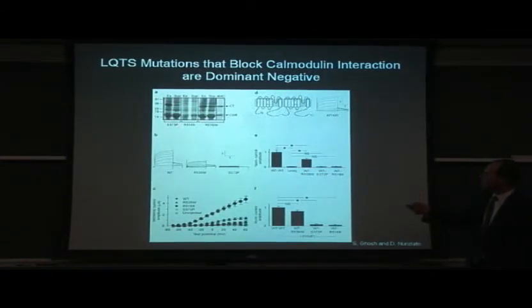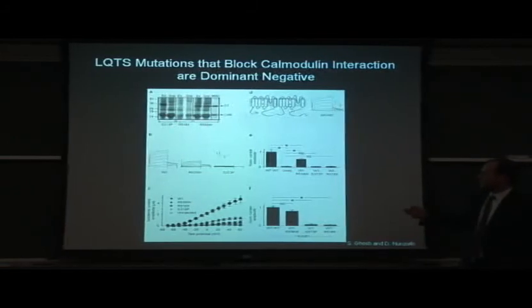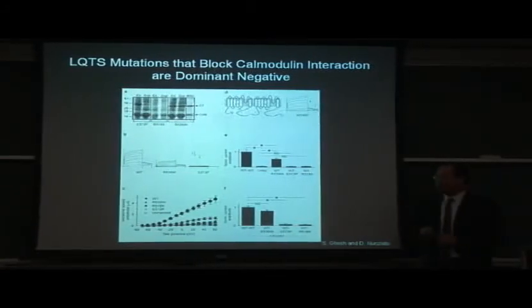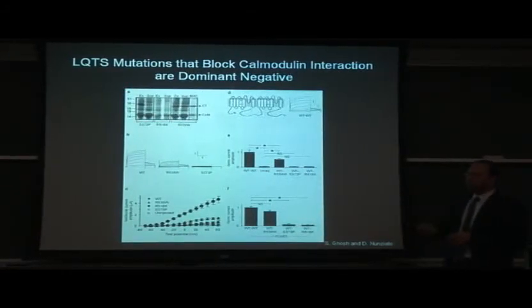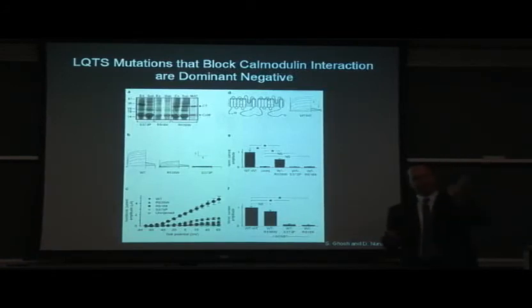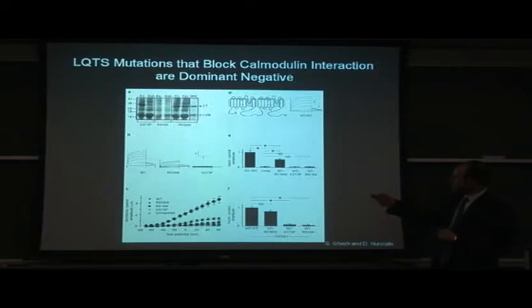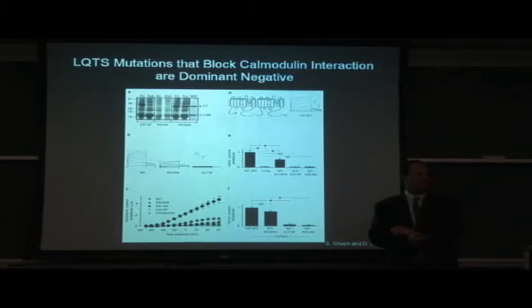A deletion construct that deleted IQ2 prevented us from even getting material that was expressed. And as a control, we looked at a long QT mutation that's just outside of IQ motif 2, distal to IQ motif 2. And that one was still able to form a complex where we're able to get soluble material. So it suggested to us that long QT mutations within the IQ motifs disrupted the interaction with calmodulin.